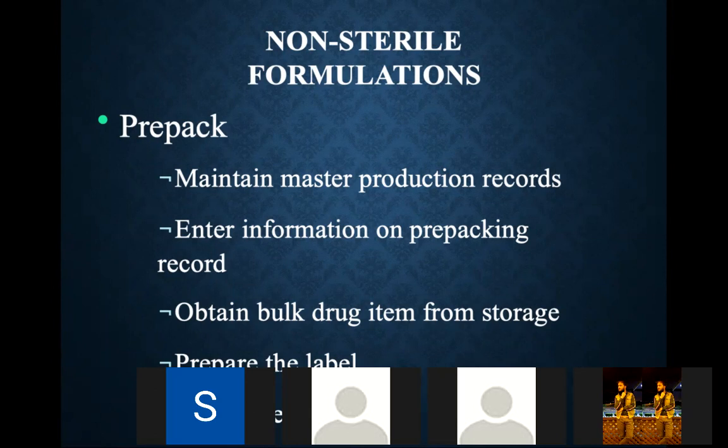You collect all the drugs which are required in the dispensing area, and weigh and measure according to the master formula. Master record, enter information on the repacking record. So this has to be done in a pre-pack or dispensing area.